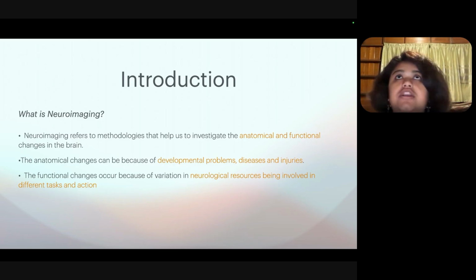So, what are the anatomical changes? There are brain regions, like the left and right hemispheres, frontal lobes, occipital lobes, and they are all associated with different types of functions that help us perform our behavior and our motor movements. These things are coordinated by our brain, right? So there can be anatomical changes in our brain.